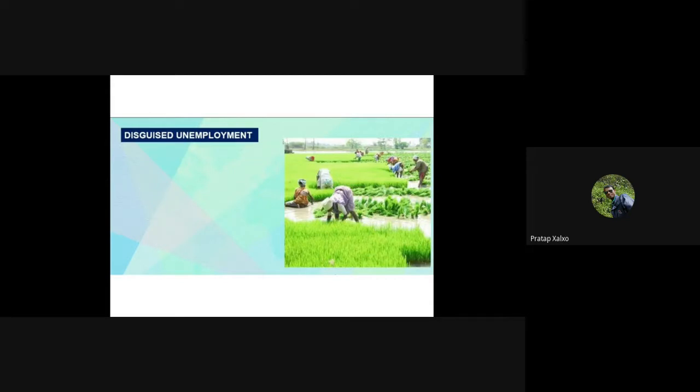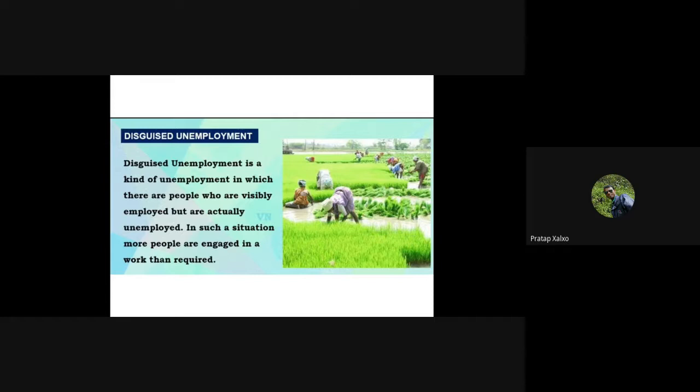Then comes disguised unemployment. Disguised unemployment is a kind of unemployment in which people are visibly employed but are actually unemployed. In such a situation, more people are engaged in a work than required. Like in the agriculture sector, nearly 50% of the population is engaged, whereas this work can be done by 5% of the population.